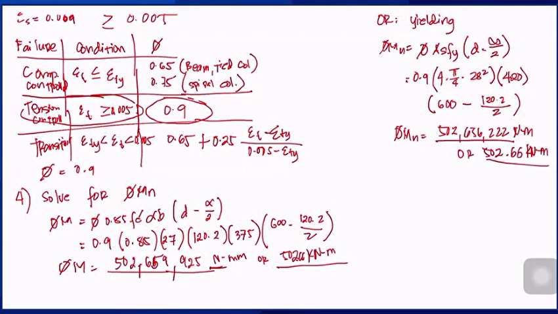So ibig sabihin, yan lang ang kayang hawakan ng beam mo. Pag lumampas yung moment na yan, your beam will fail. So that is the design strength of your beam.